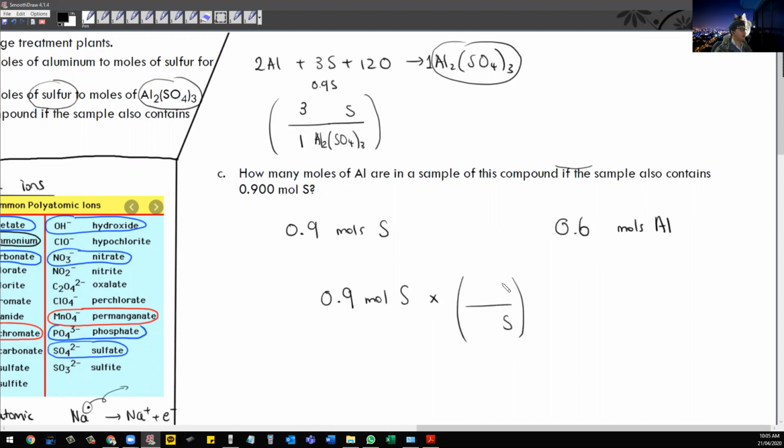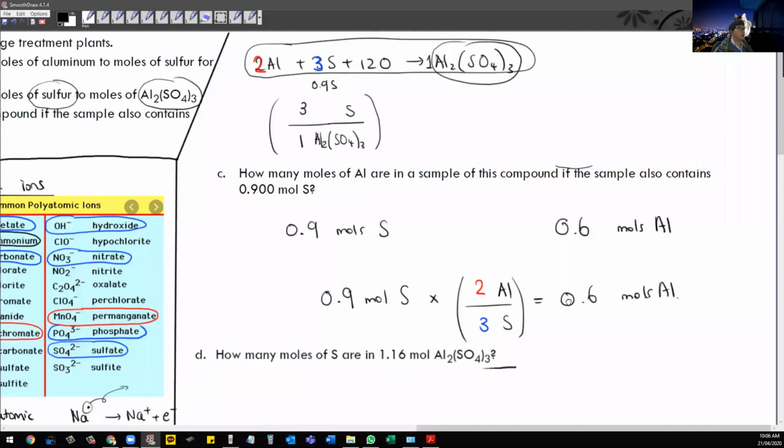It's got to be S over here and aluminium over here. We know that 2 aluminium and 3 sulfur, that's the pair conversion factor from the balanced chemical equation. So that's just times by 2 and 3, you get 0.6. Okay. All good?